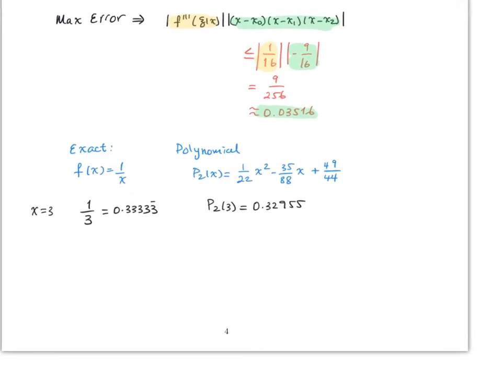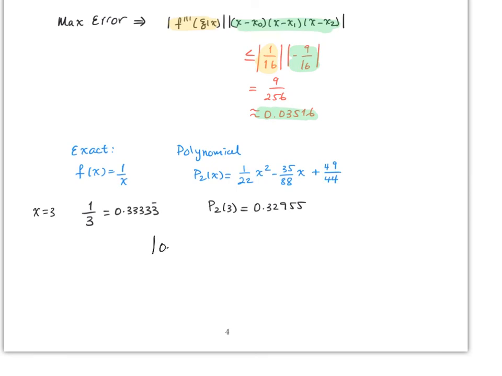Now if we find the difference between the two, 0.33333 minus 0.32955 is equal to 0.0038 in absolute value, which is clearly less than this value right here, which is 0.03516.